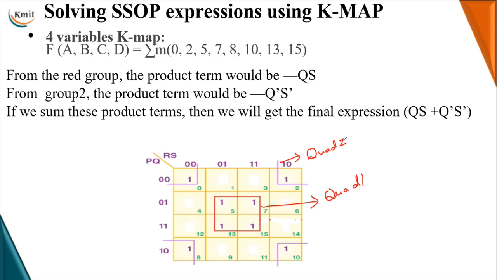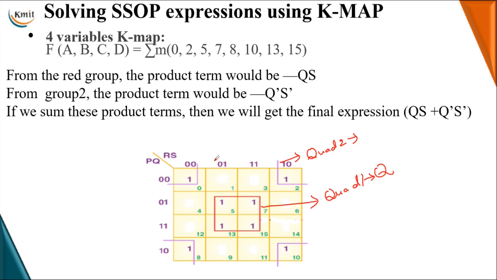Next we'll move to the minimization, the common variables of all these 4 minterms. Now the common variable for quad 1, row wise, is Q, where the P value is different, only the Q value is the same, and the value assigned to Q is 1. Hence we represent it in the product term as Q without complement.